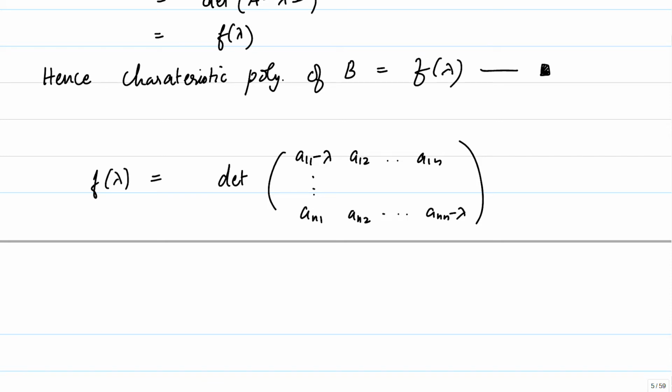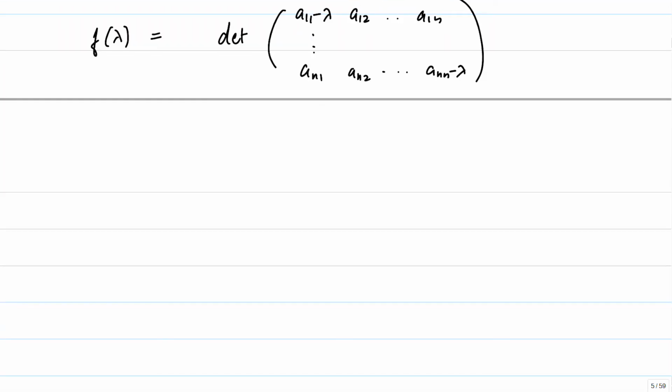The next proposition tells us about the determinant of such a matrix with entries in P1 of R. Notice that all of these entries, a11 minus lambda up to ann minus lambda, are polynomials with degree less than or equal to 1. The constants have degree 0 and the non-constant polynomials have degree 1. So, this is a matrix with entries in P1 of R.